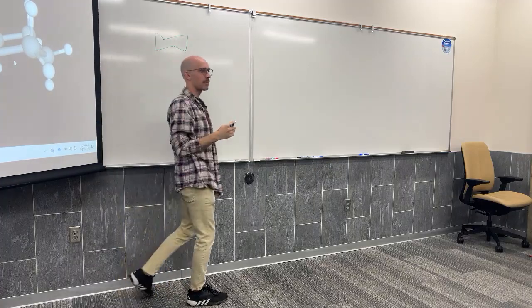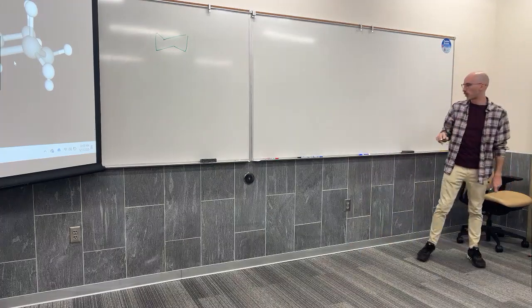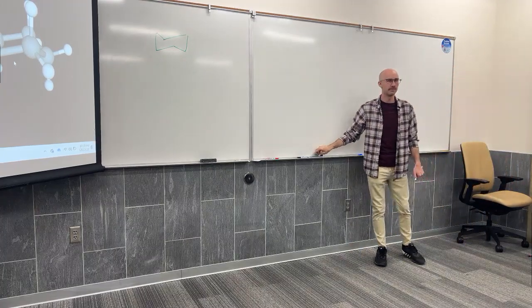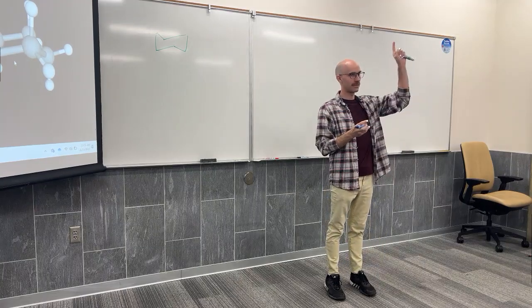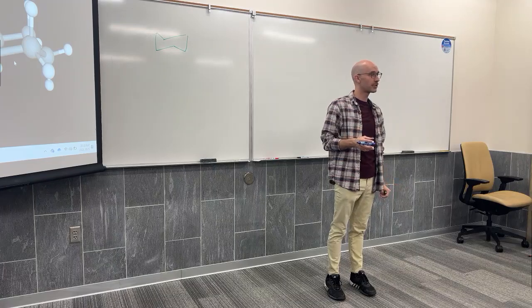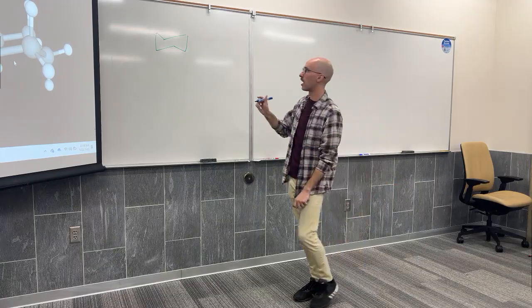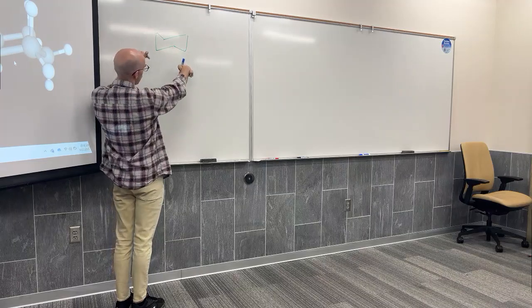Now we put some descriptors on our chair. We looked at all 6 of the carbons and we broke them into 2 groups: up carbons, down carbons. There's 3 of each, and they're pretty easy to find. Up carbons point up on the page, down carbons point down.